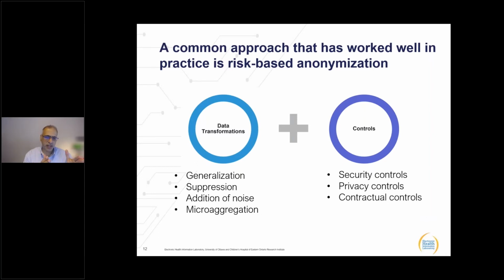There may be many variables in the data set that need to be transformed to reduce the risk, many variables that can potentially be attacked, but they only focus on a subset because they don't want to transform all the quasi-identifiers, all the potentially attackable variables. They only transform a small number of quasi-identifiers and then apply a lot of controls. The problem is that you're still ignoring a good chunk of quasi-identifiers, and then you're relying extensively on controls.